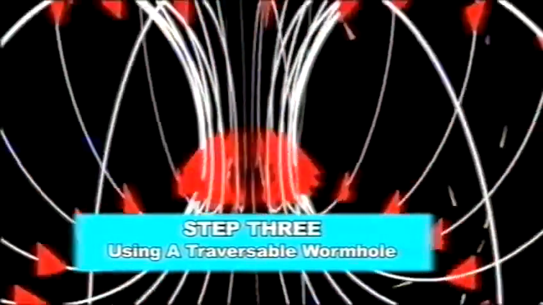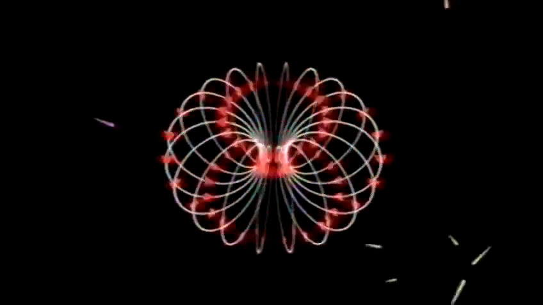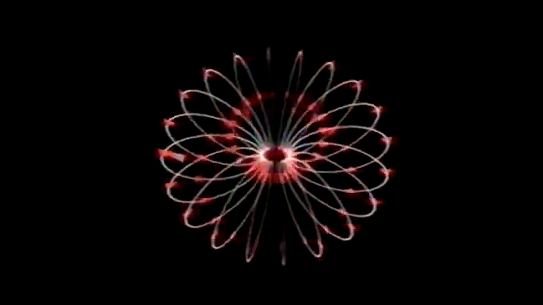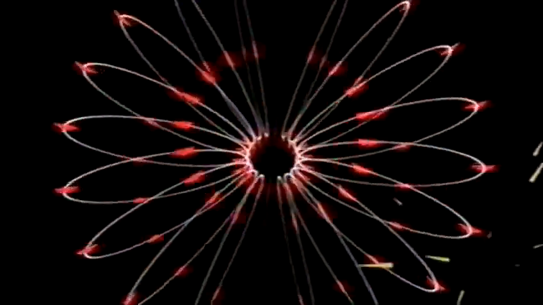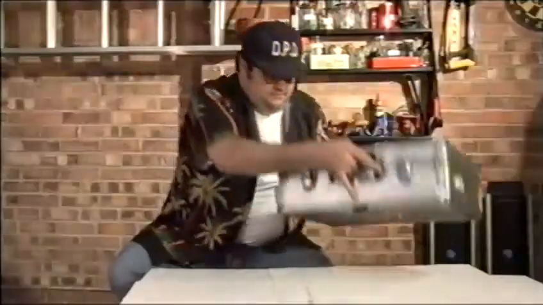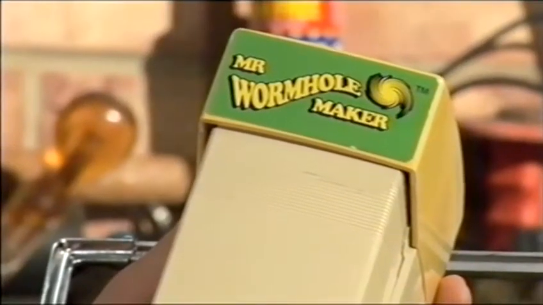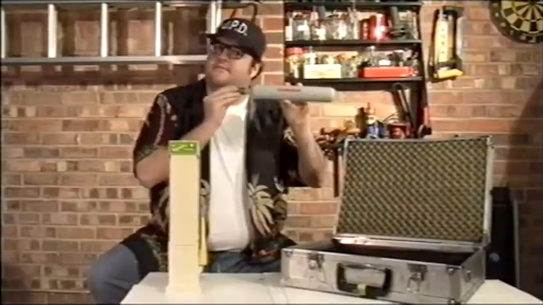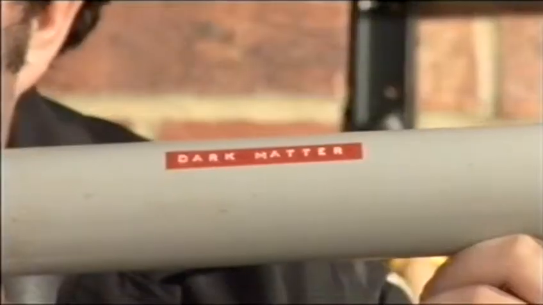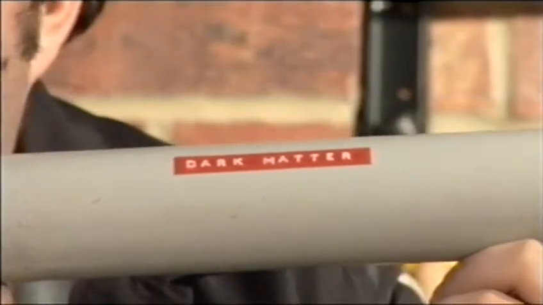Step 3. Using a traversable wormhole or black hole. This phenomenon is an area of warped space-time that allows an alternative route from one point to another. Scientific opinion is split as to whether such a wormhole would be stable enough to serve as a means of time transportation, but it is a possibility, so why not try it?